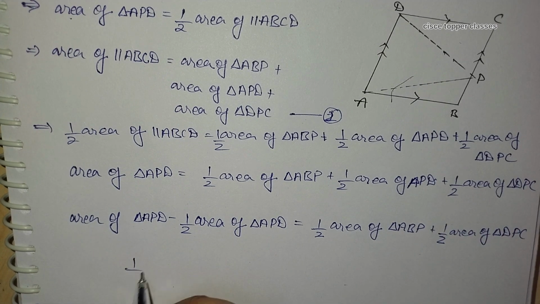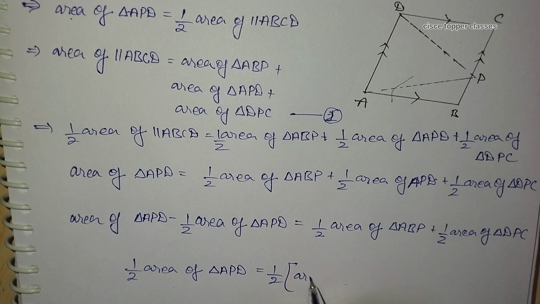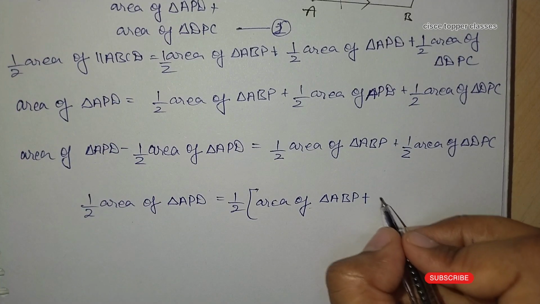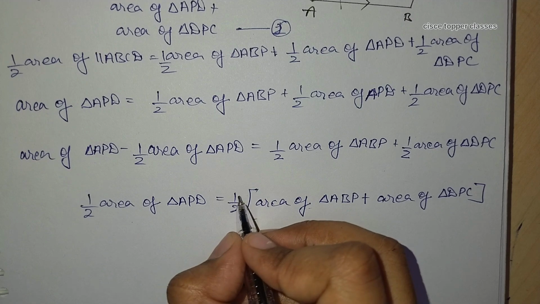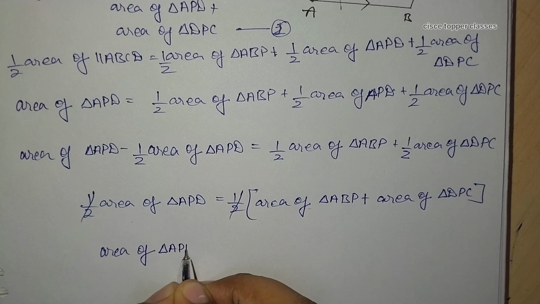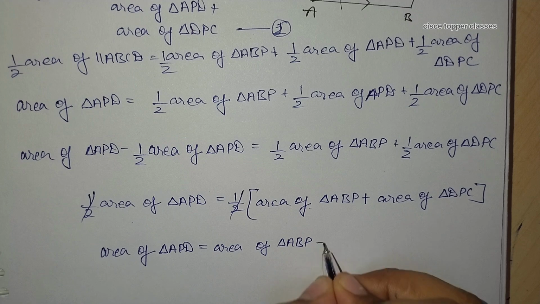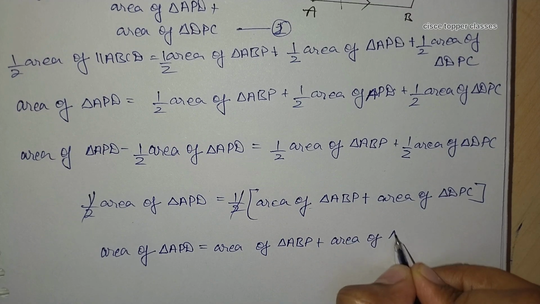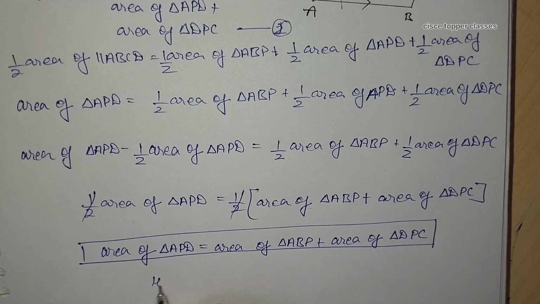On subtracting we will get 1 by 2 area of triangle APD is equal to 1 by 2, taking common, area of triangle ABP plus area of triangle DPC. We will just cancel this out, and it will be area of triangle APD is equal to area of triangle ABP plus area of triangle DPC. This is only we have to prove here in this question. Hence proved from here.